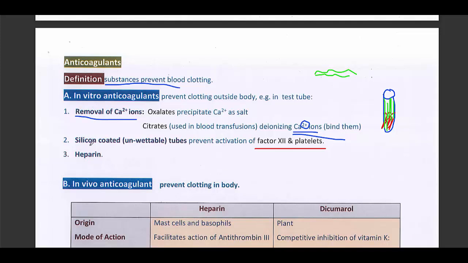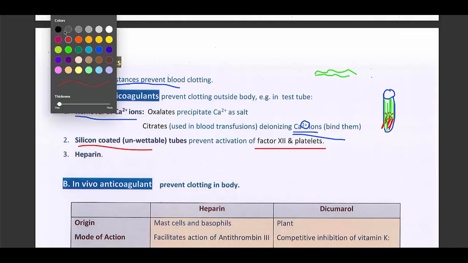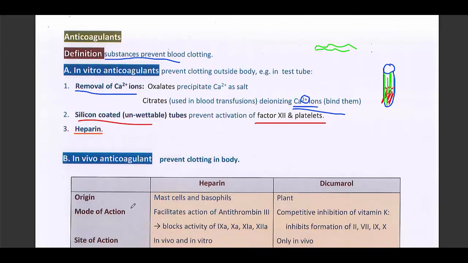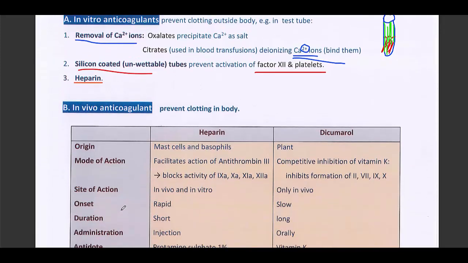The third way is heparin, and inshallah we will discuss heparin in vivo, inside the body, specifically. Now let's go to the second type of anticoagulant, which is in vivo anticoagulant.